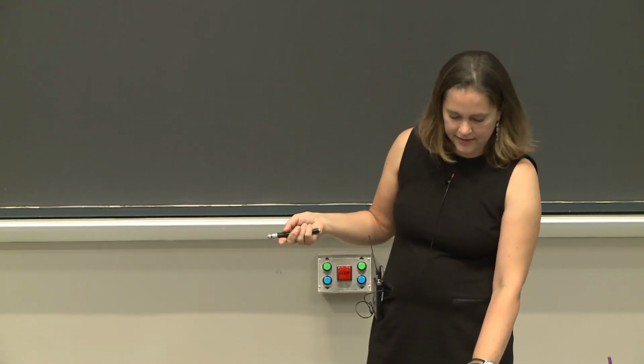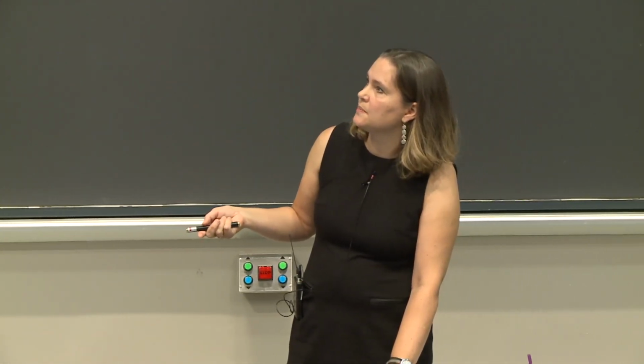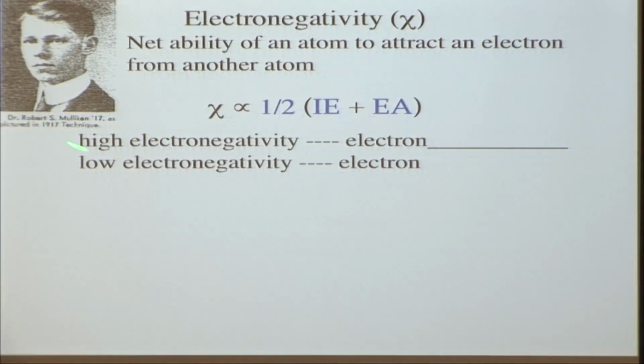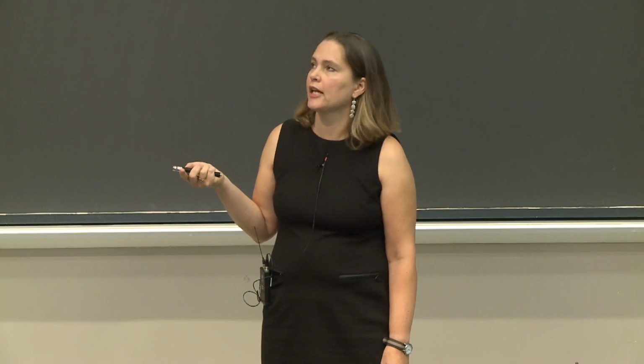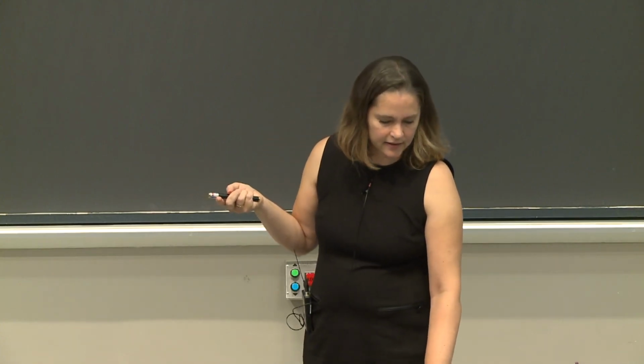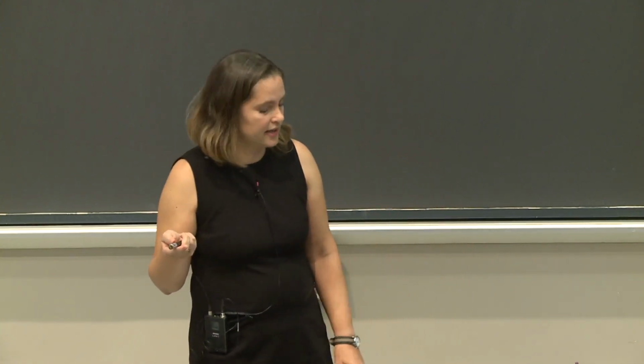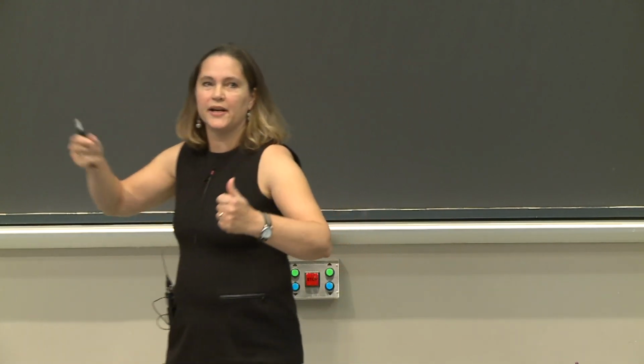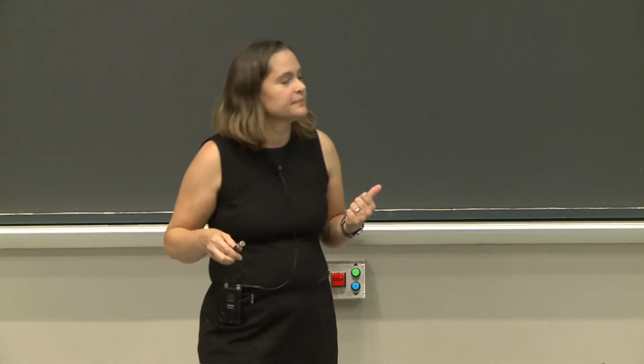So let's think about then what this means. So we can consider an atom with high electronegativity and an atom with low electronegativity. And we want to think about whether an atom with high electronegativity is going to be an electron acceptor or an electron donor. And that you can tell me, and that is going to be a clicker question. So you can try to grab your handout while clicking at the same time.